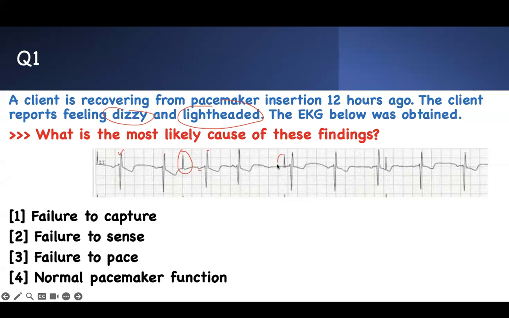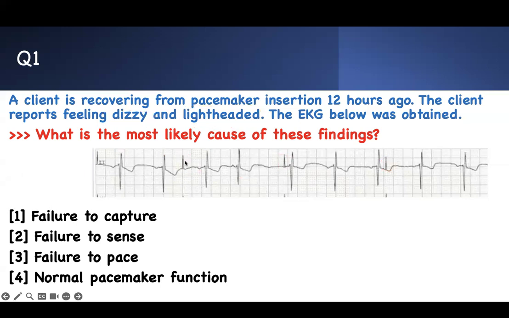These spikes are here, and here. But when you look at the rate, it's not slow at all. And sometimes you can see these spikes do not correspond to even the QRS or the PR and the P wave. That tells you there's something wrong.